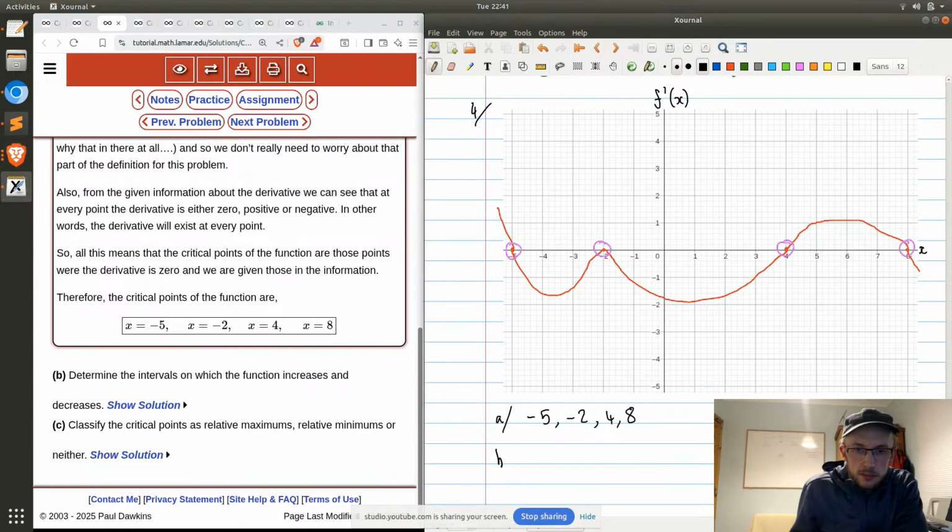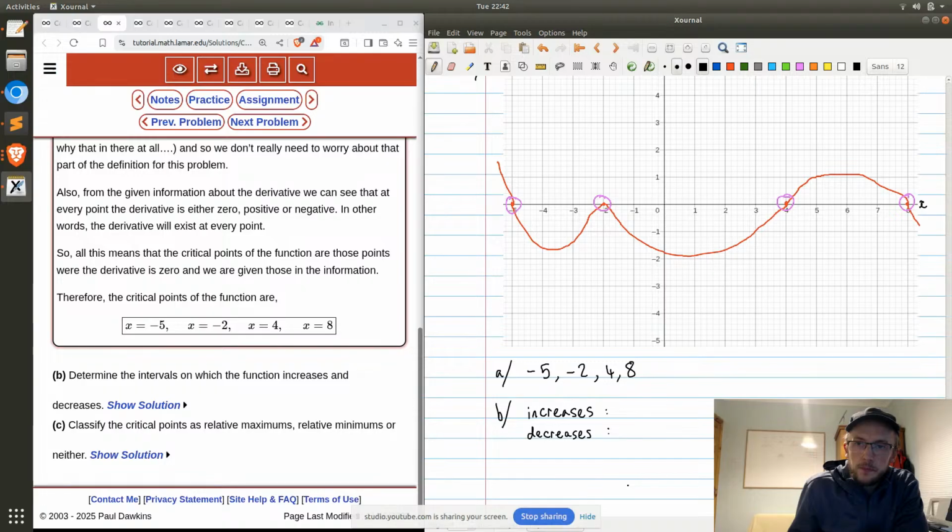Determine the intervals on which the function increases and decreases. Okay, it increases for this part and this part, I believe, and it decreases for this part and this part.